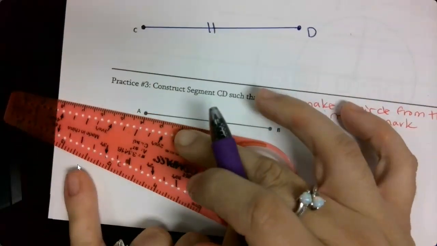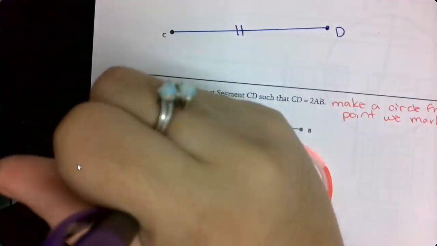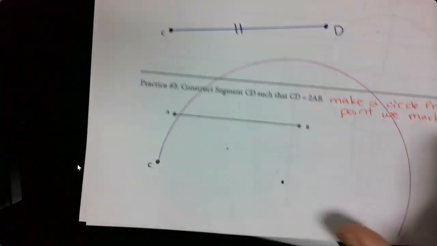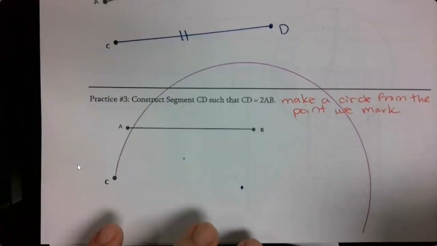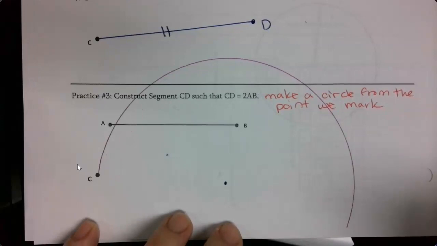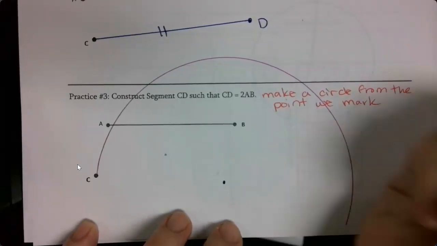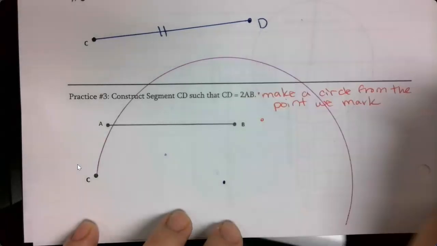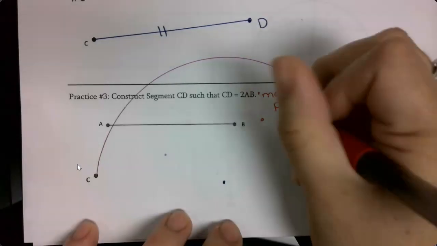and I'm going to draw a circle going through the C point. I'm going to do the circle as best as I can because this is going to go off my page. And then I'm going to draw a line across from edge to edge of my circle.